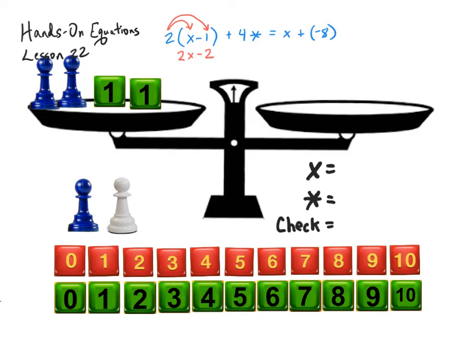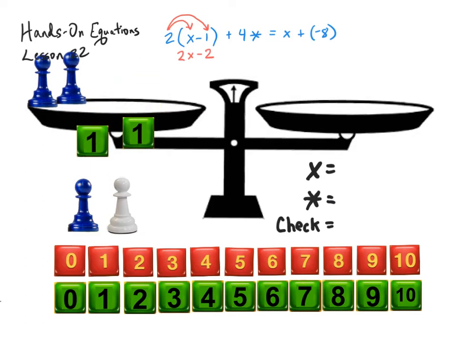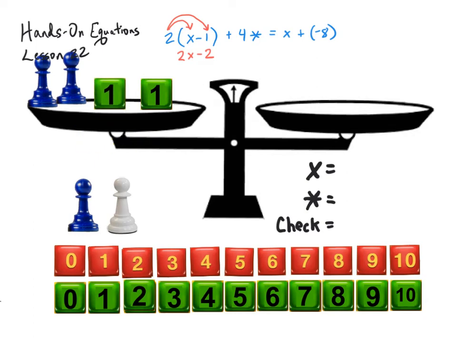Well, if we were to model 2x minus 2, we'd set up the 2 x's right here, but then we wouldn't be able to set up subtracting 2 without putting a 0 pair and then subtracting 2. And notice that what we end up with, 2x and a negative 2, is exactly the same thing as what I set up right here, 2x and a negative 2.